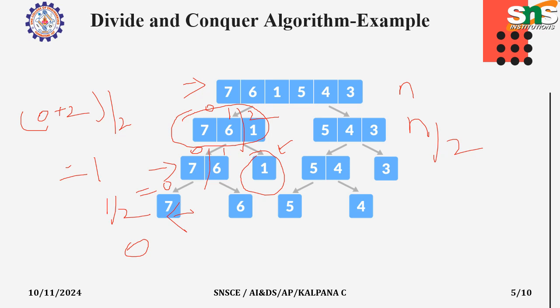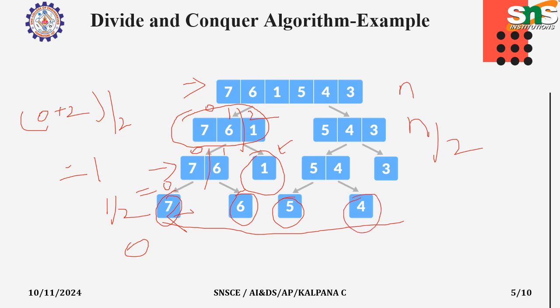When I say recursion, we should have the base condition, right? Where do I have to stop this recursion, this divide step? In this case, I have to stop the dividing step when I reach single elements. Here 7 is a single element, 6 is a single element, 5 is a single element, 4 is a single element.